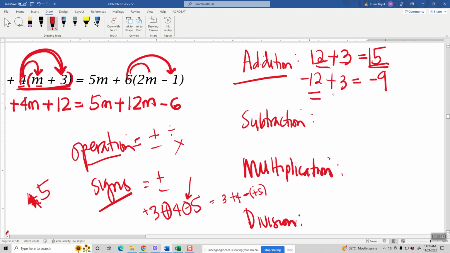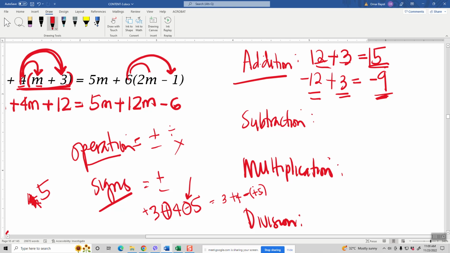Okay? So, going back to the operation of addition here, 12 plus 3 has no issue for you, but the problem comes in when the signs of these two terms are different. So, negative 12 plus 3 ends up with a sum of negative 9. It means to say that what carries the sign of your sum on the right side of the equation is whoever has the bigger value.